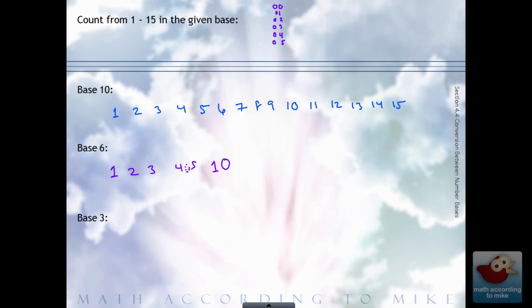But again, in base 6, 5 is the last digit. So when 5 comes around, what comes after that digit would be 0. And once the rightmost dial has made a full rotation, then it makes the next dial over increment, meaning rotate in this case, or add 1 to.